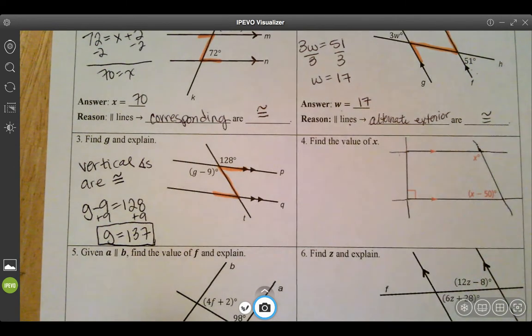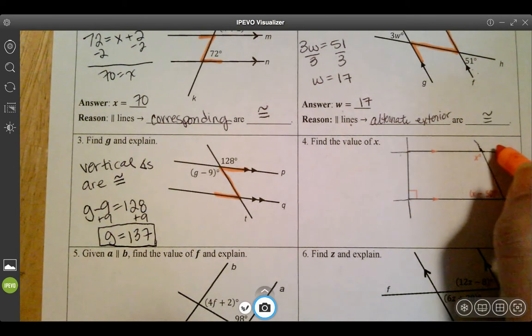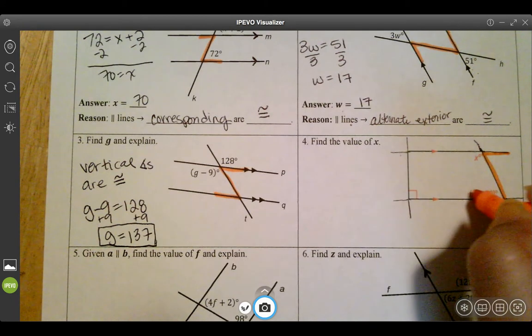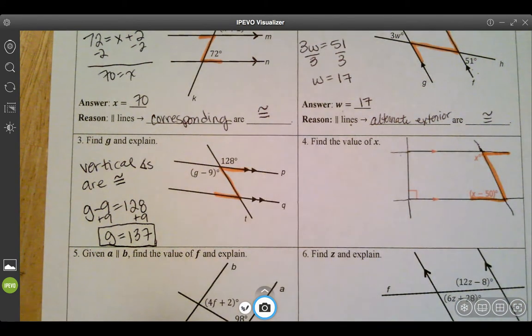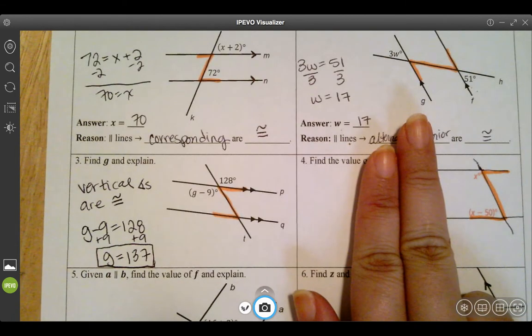So I'm going to make my Z over here. And what that helps me do is it helps me see what is important, right? What is it that I actually need to get from the information on this diagram? And what's happening is I actually don't need this other transversal in order to solve this problem.